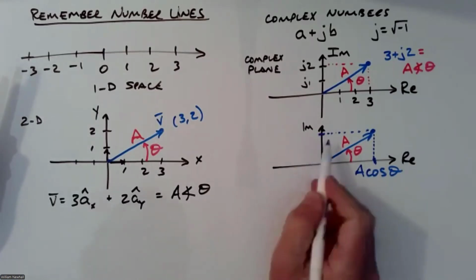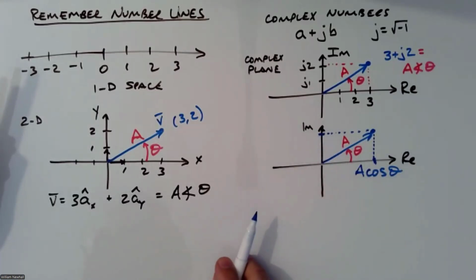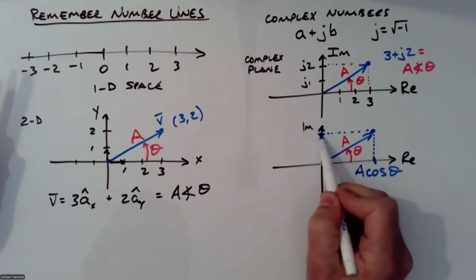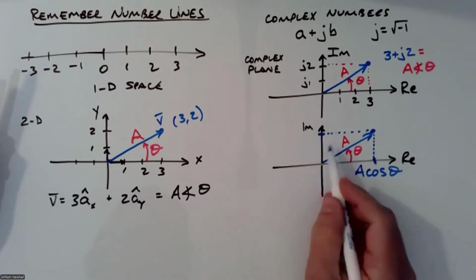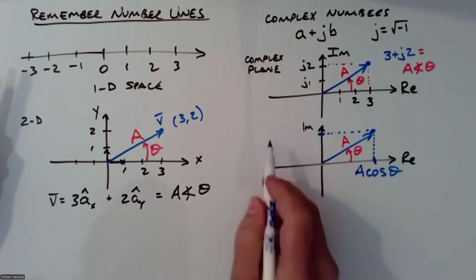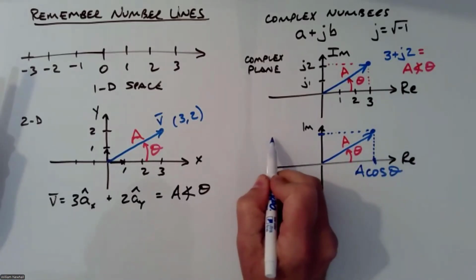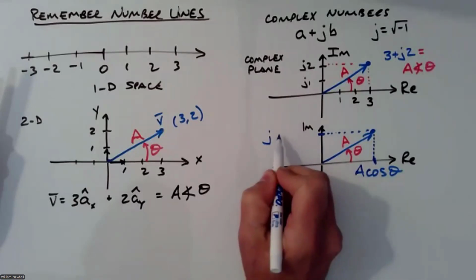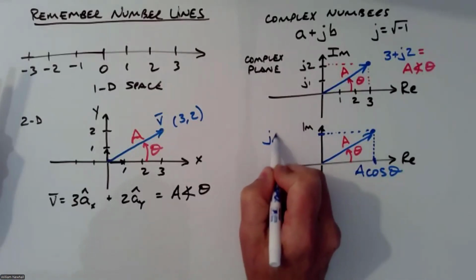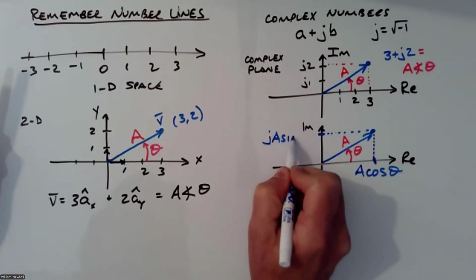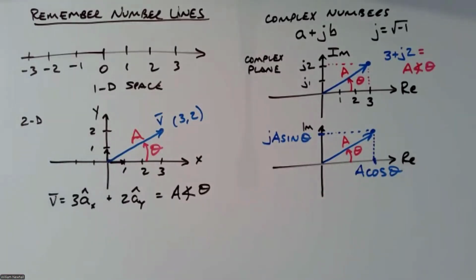On the imaginary axis, that value there where I've drawn a dash across the imaginary axis, well, we want this leg of the triangle that is going to be j, since we're along the imaginary axis, j a sine theta, right?